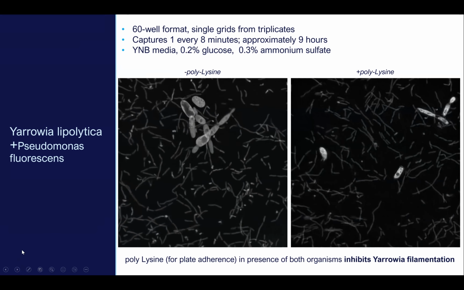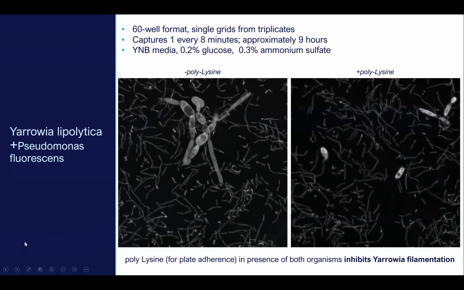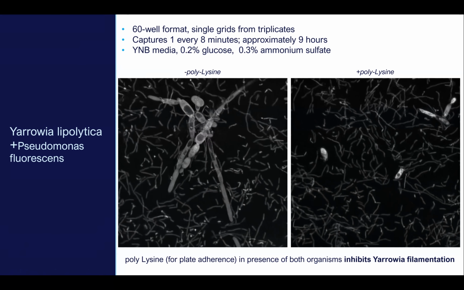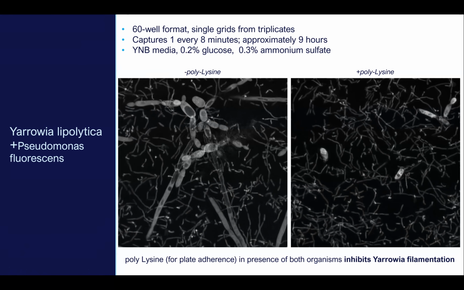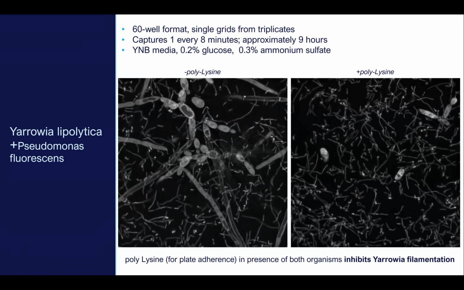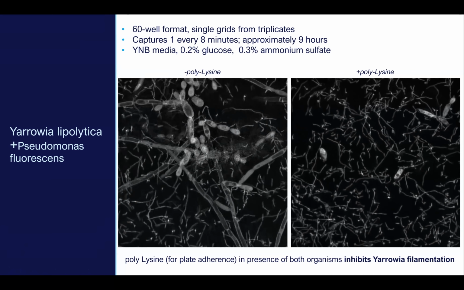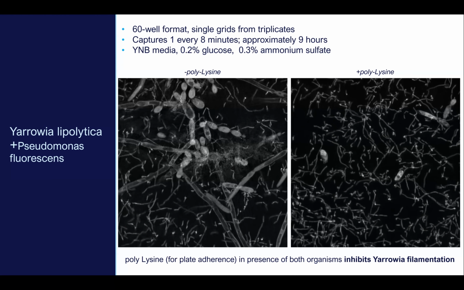In the dish without polylysine, I have cell division and filamentation of Euroia, whereas in the dish that did have polylysine, in the presence of Pseudomonas, we had very little cell division occurring. So it looked like polylysine had an inhibitory effect on that particular set of organisms.